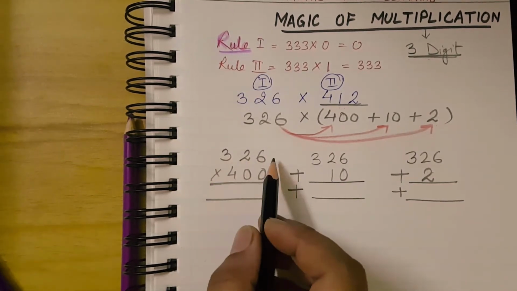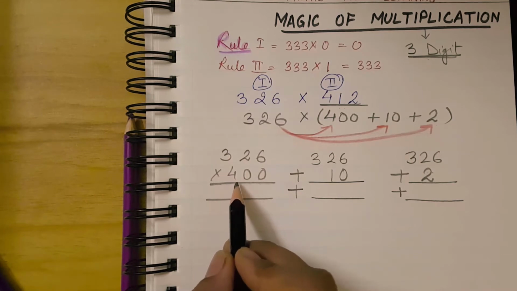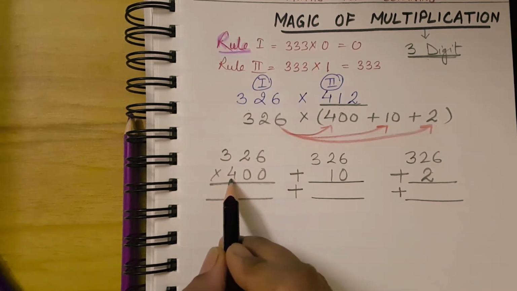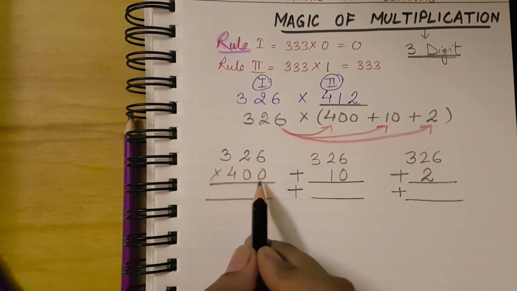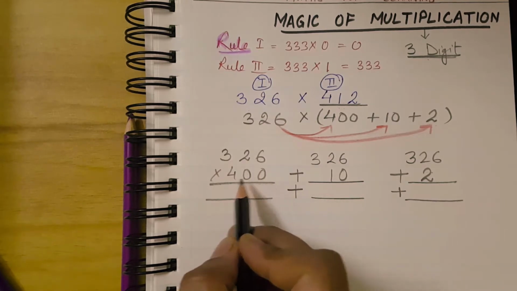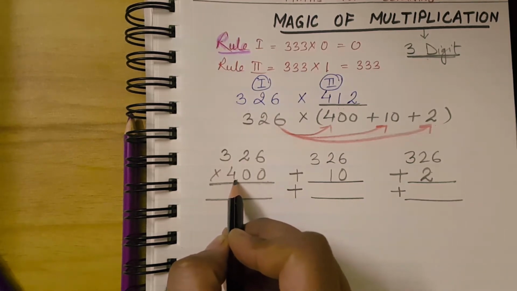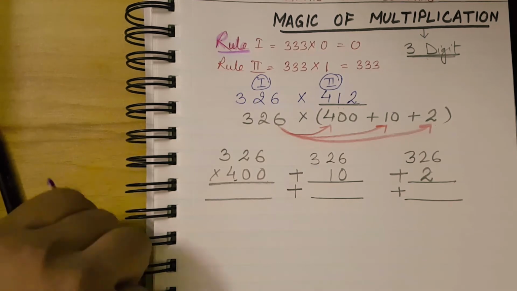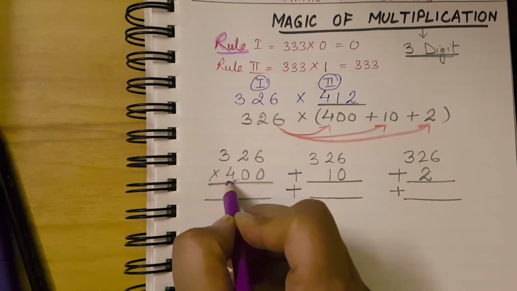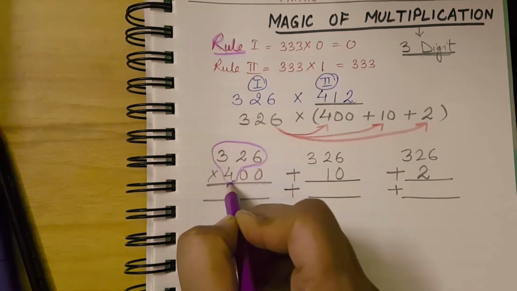Now, as you know, whenever you multiply a number which has zeros, don't multiply that number with the zeros. First multiply the upper number with only the number 4.